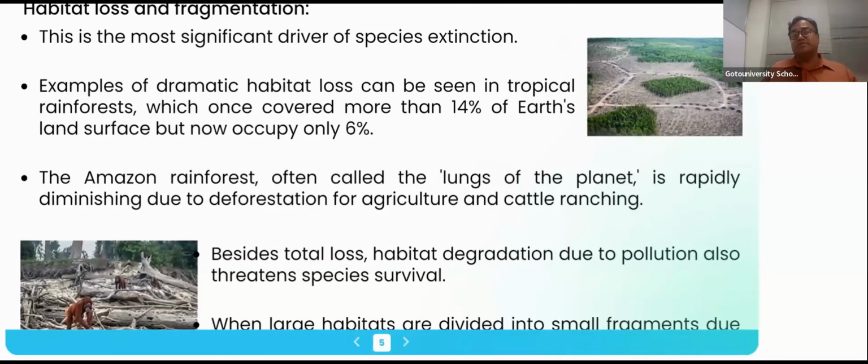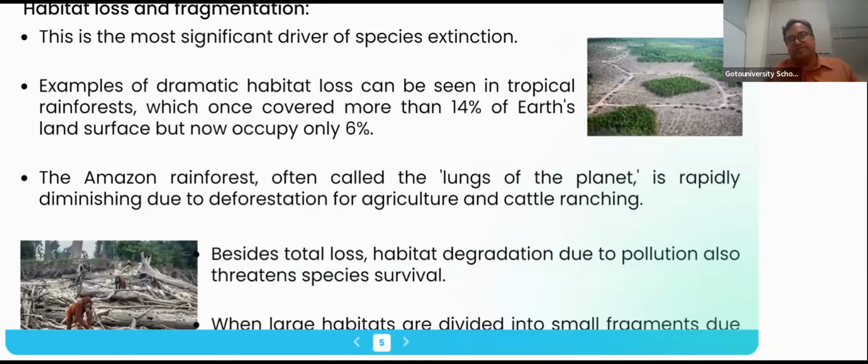Because of the agriculture purpose, we are destroying the forest and utilizing that land for agriculture, but ultimately we are reducing the plant population of the specific forest, and then the carbon footprint we can't reduce, right?